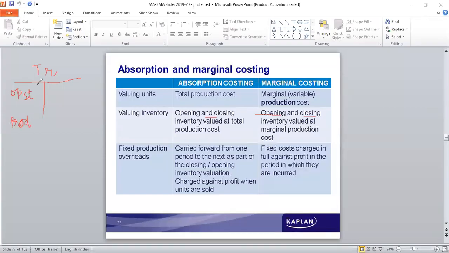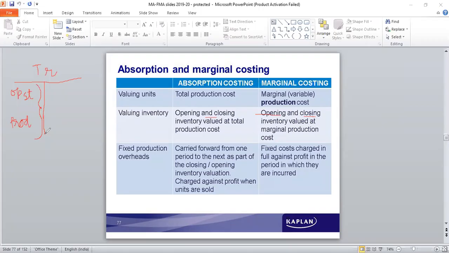So these two together, if we take it as number of units, are the units which are present: opening stock plus the units produced. In the trading account, we write the value of opening stock and the cost of production.